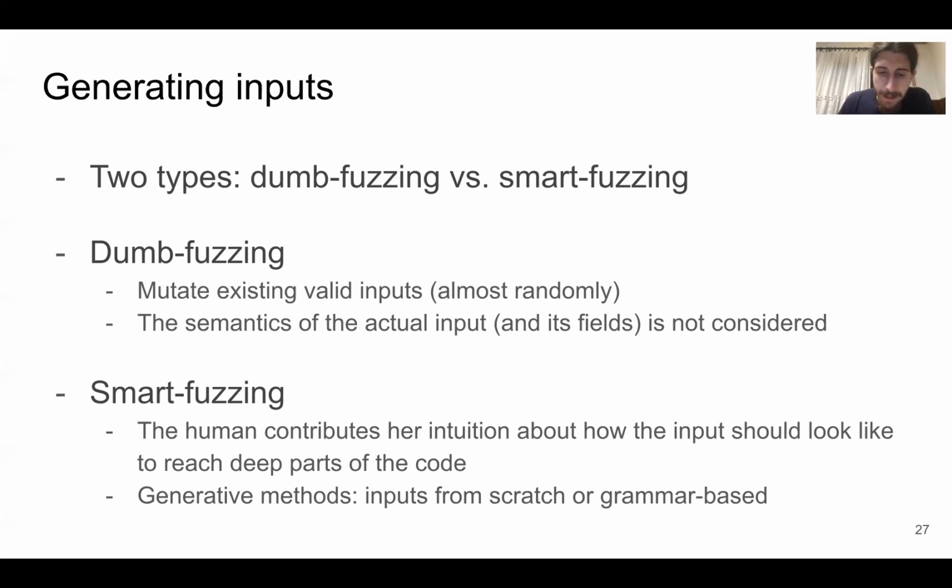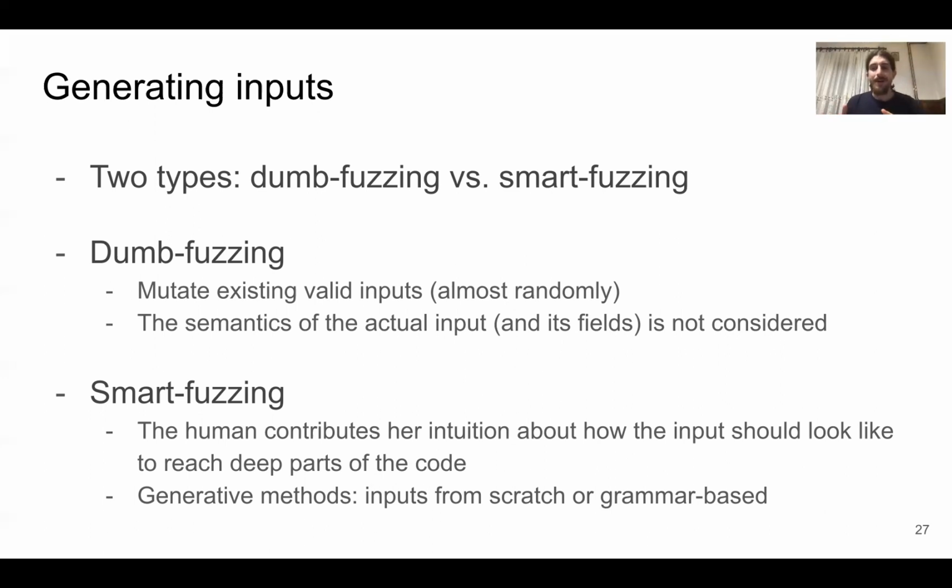Okay. There are also, again, many research papers on how to automatically include this knowledge into the mutation algorithm. And there are so-called generative methods where, for example, it's grammar based. You define the grammar of the file format that should be parsed, and then starting from this grammar, you automatically generate files that respect this grammar.